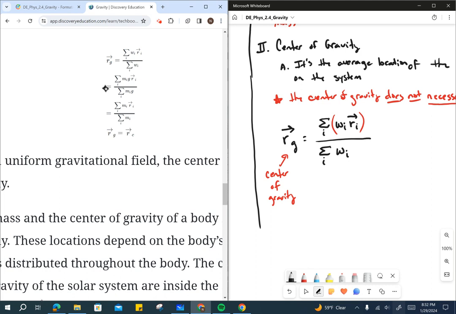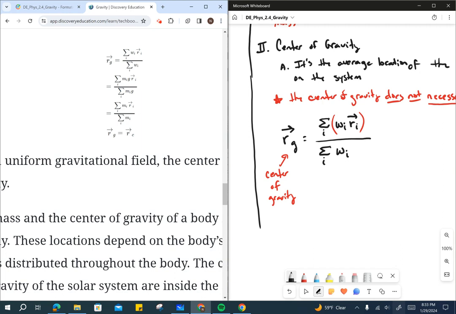But notice on the second line, instead of using weight w_i, they went ahead and substituted the mass m_i times the gravity, because that's what weight is. It's your mass times the gravitational force, times its location, divided by the sum of the, again, they substituted the weights for mass m_i times gravity.